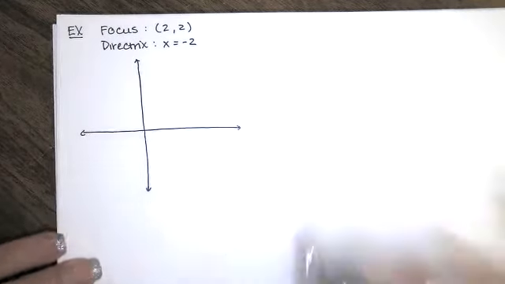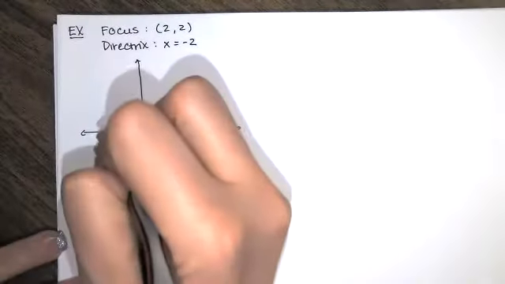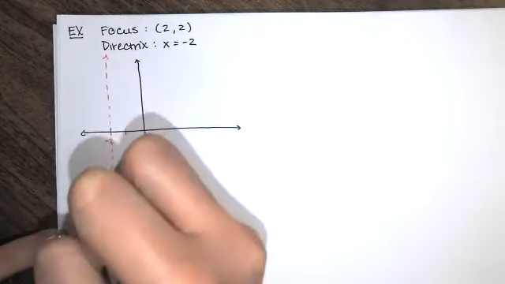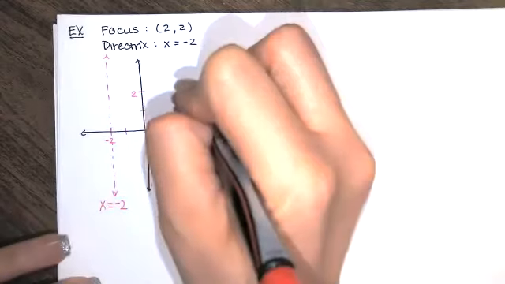Start sketching. x equals -2 is a vertical line. x equals 2, y equals 2 is right here. That's my focus.